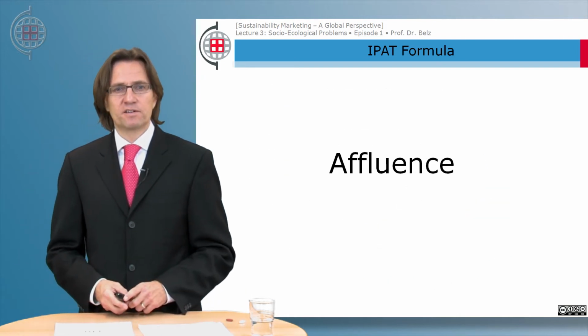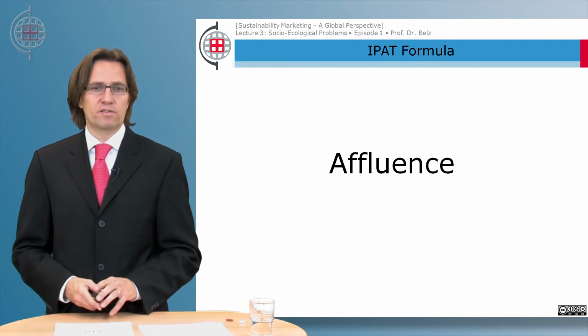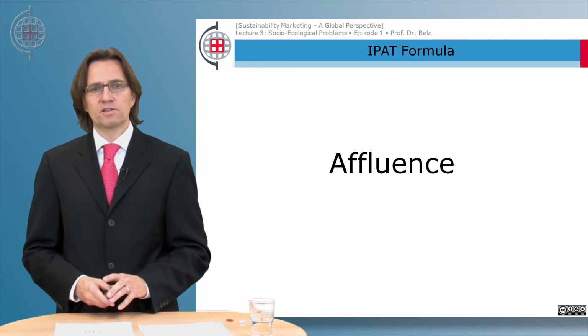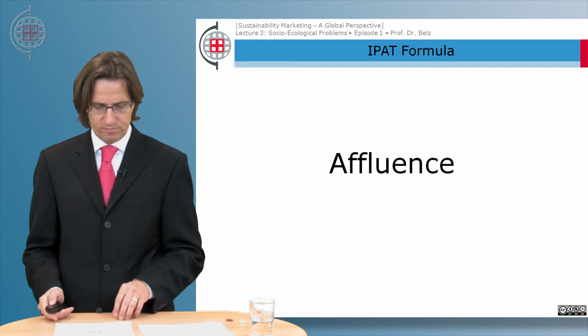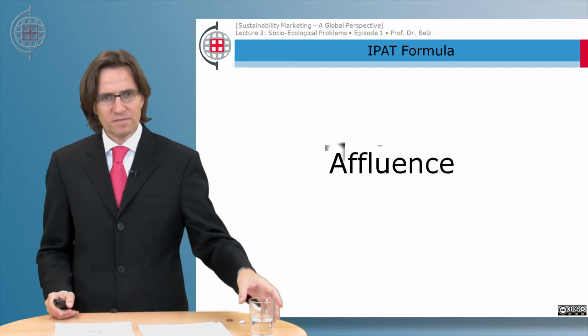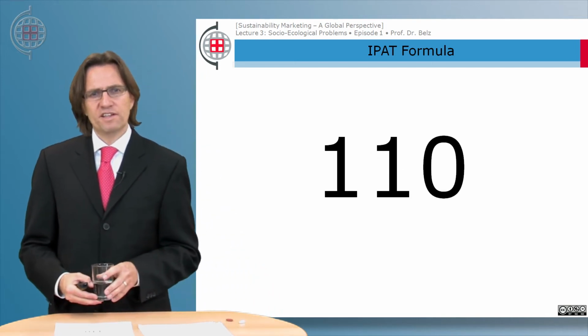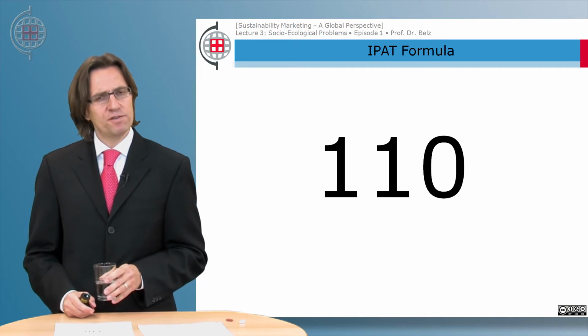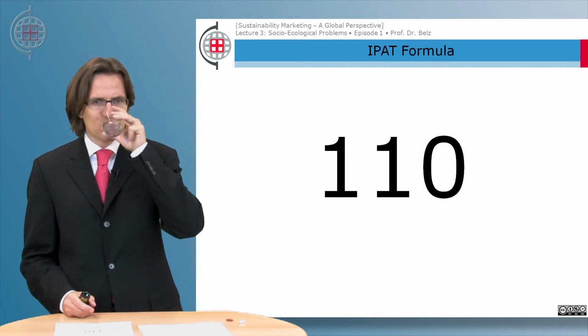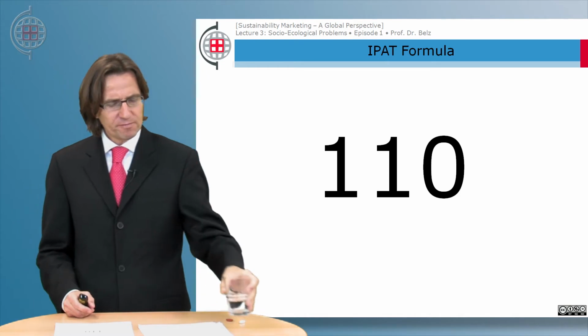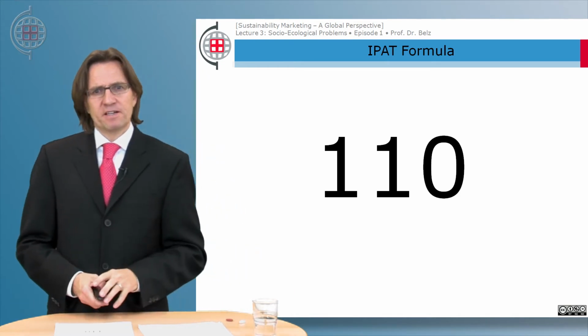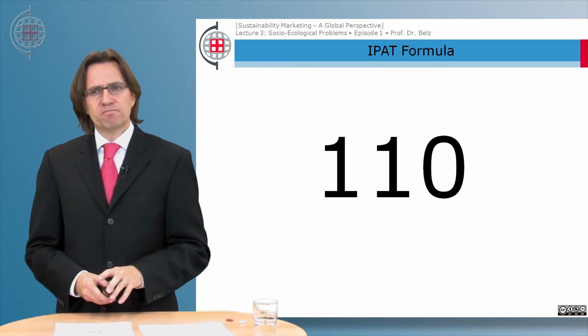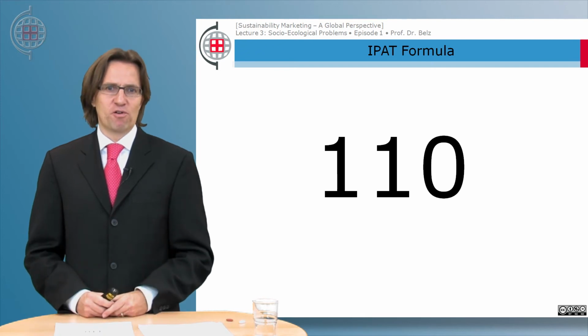Let's have a look at the second factor, affluence. That is the material consumption per capita. What does this number stand for? What do you think? Well, some might say it's the number for an emergency call.